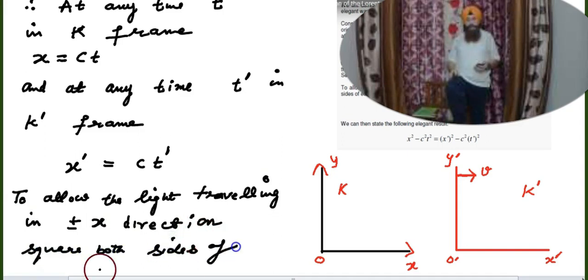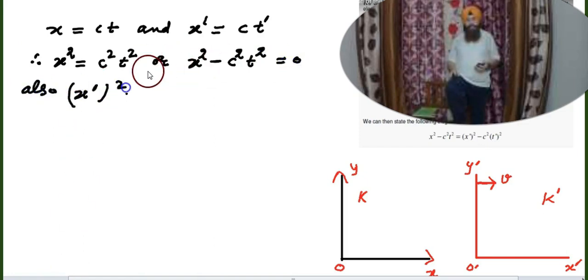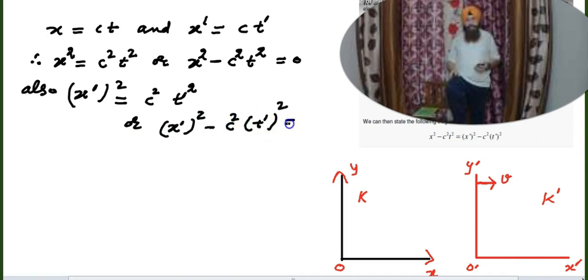Squaring both sides of the two equations, x square equals c square t square, and taking c square t square to this side, this becomes equal to 0. Similarly for the K dash frame, x dash square minus c square t dash square equals 0.